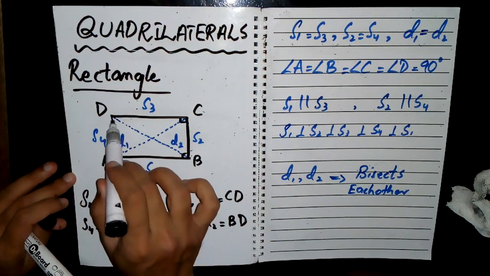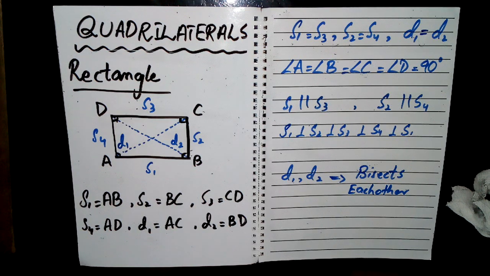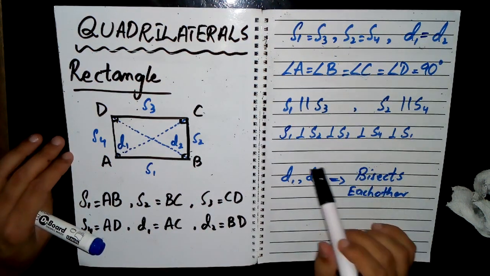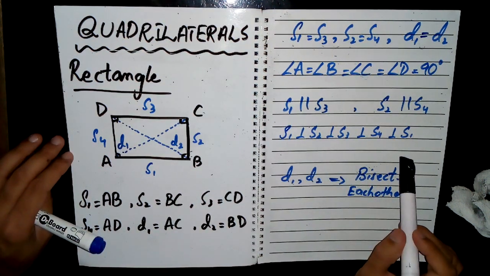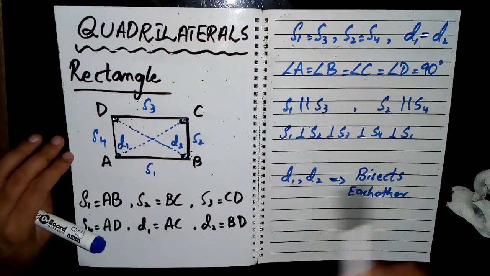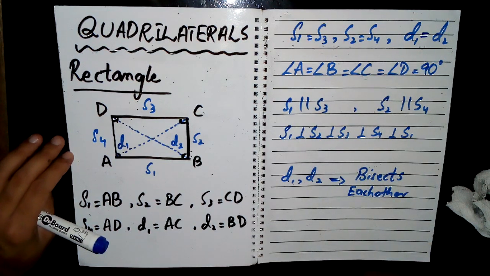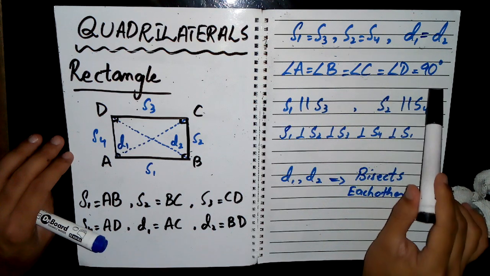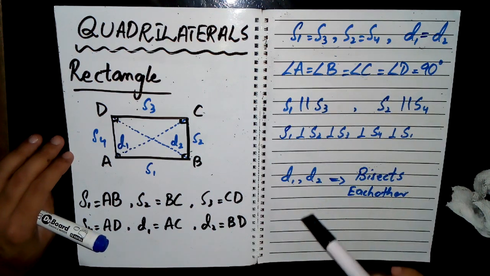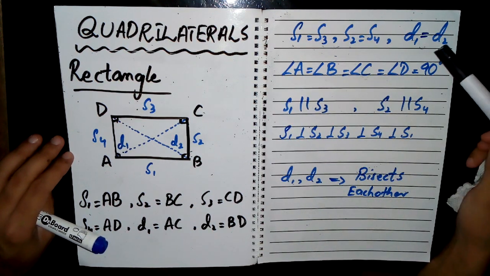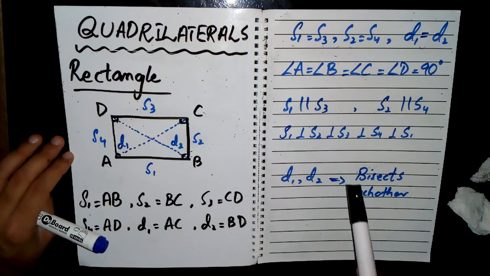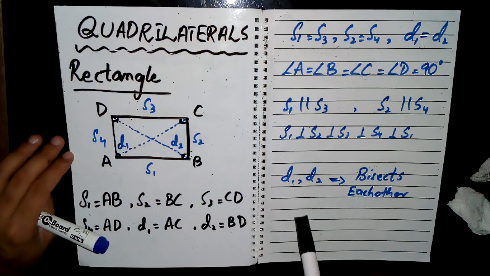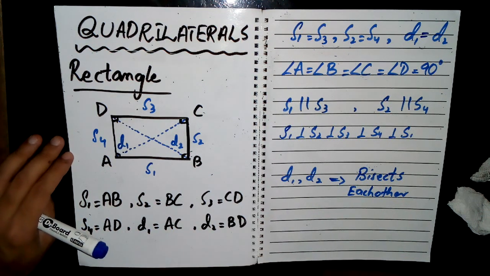That is, the adjacent sides are always perpendicular to each other. All the angles are equal to 90 degrees, and the diagonals are equal as well, but the diagonals are not perpendicular. And just like in the previous quadrilaterals, the diagonals bisect each other, that is, at the midpoint.